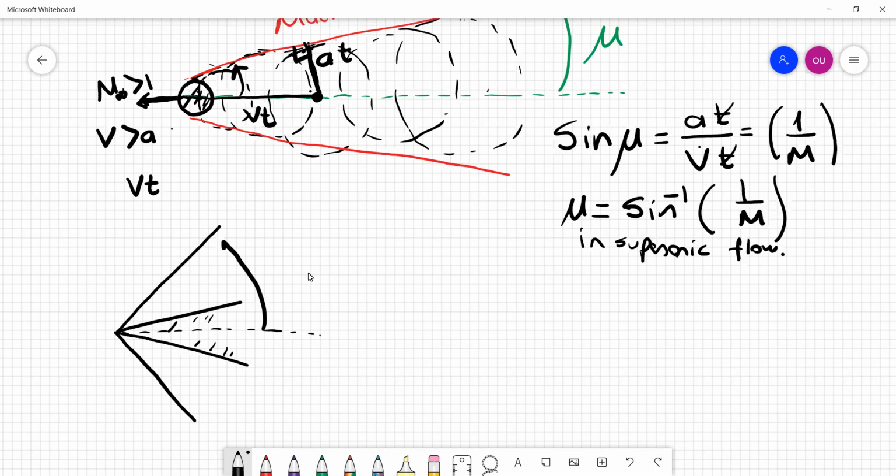This shock wave will be sitting at a certain angle beta, and the angle of the shock wave will depend on two things: the geometry angle theta and the free stream Mach number, which will be a supersonic Mach number. So this whole physics that I just described is the main reason that we encounter these shock waves around supersonic flying aircraft.